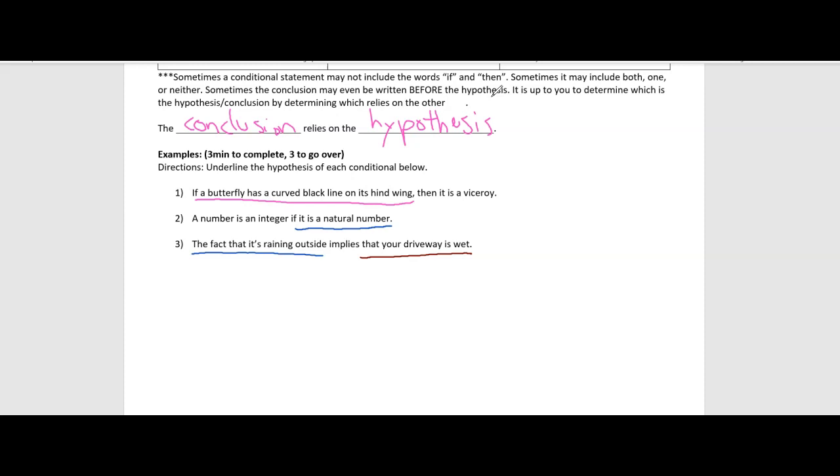Does the rain care if your driveway is wet before it starts to come down? No, it doesn't, right? But your driveway being wet is dependent on whether it's raining, right? Or it relies on the fact that there's rain. So here, our hypothesis is the fact that it's raining.